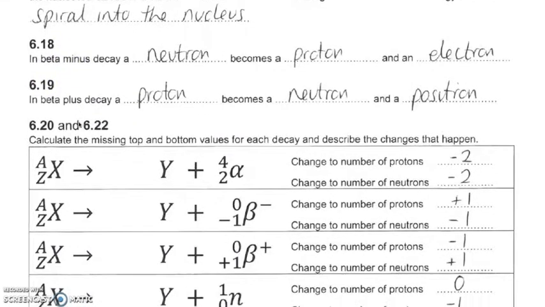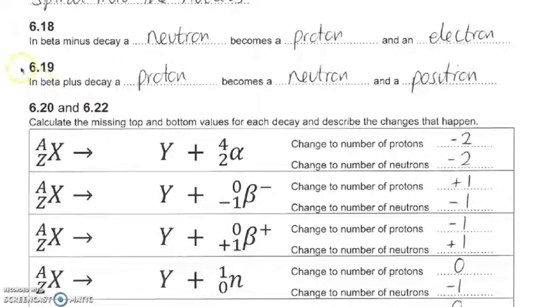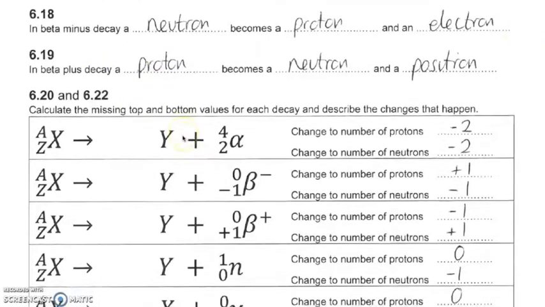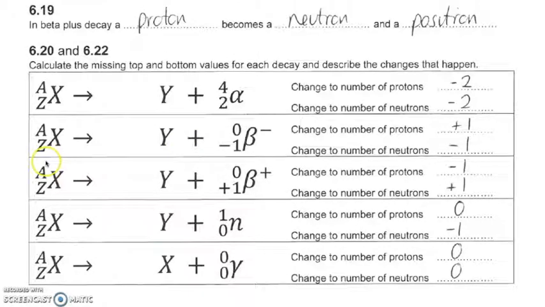Now let's look at beta minus decay. In beta minus decay, a neutron becomes a proton and an electron. This is a very important point that you've got to remember for your exams. If I look down here, beta minus decay is this one here.